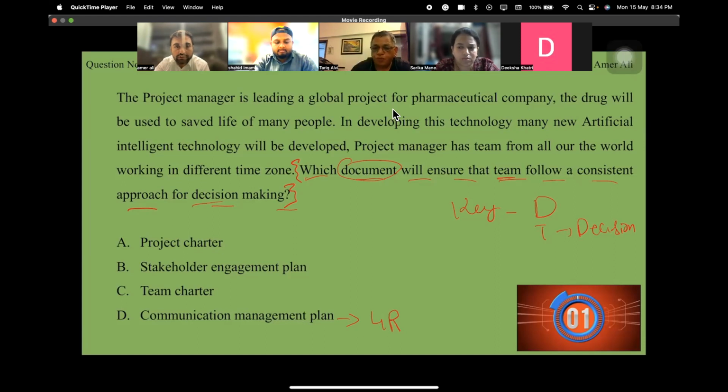Put it in the chat box. Right information at the right time to the right people to have the right impact. So the communication plan has nothing about decisions. It has nothing about decisions, so I'm going to eliminate this option.